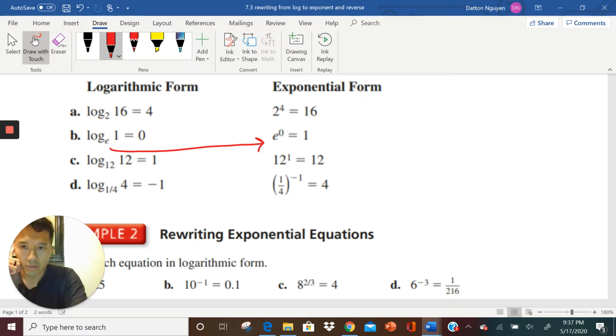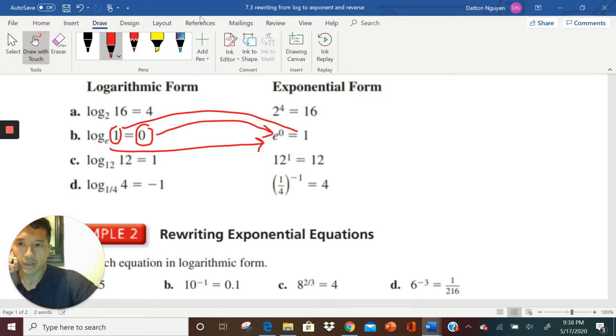Look at the 0. You see the 0 here? That becomes your exponent. So what's left over is the 1. So the 1 is your answer there.